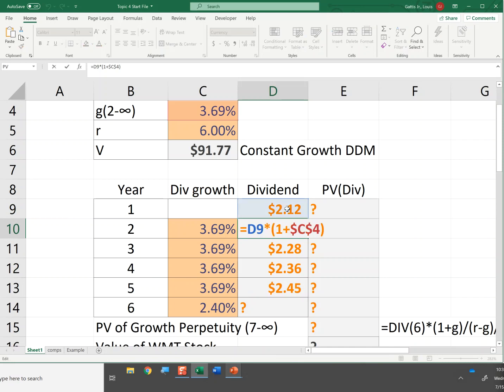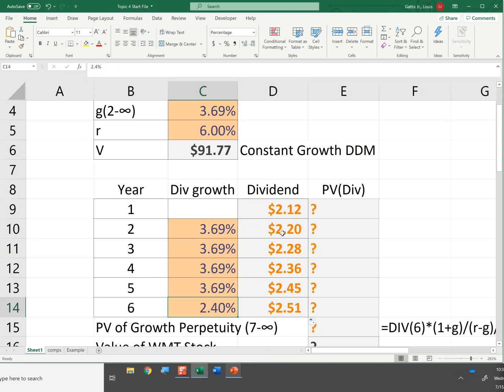Actually, let me change this formula here. I want to just take that $2.12 times 1 plus the growth rate to the left here. That way I can just copy the formula down. And these are my dividends for the next 6 years. And then here's my perpetual growth rate of 2.4.